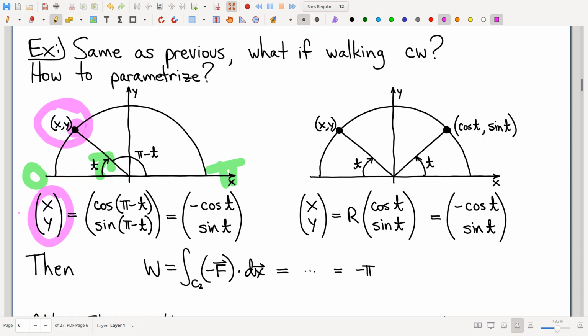As t increases, I move in the direction I'm supposed to, and at t equals pi, I'm done. Okay, so now the question remains, how do I describe the location here in terms of t?